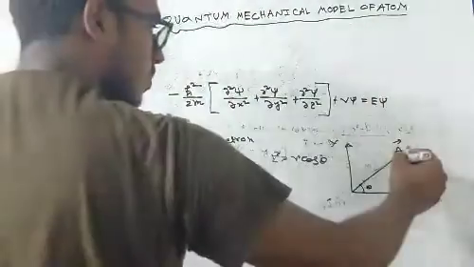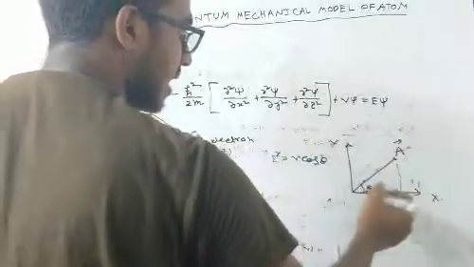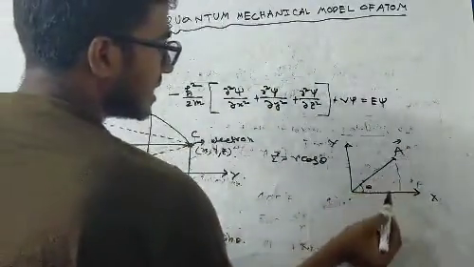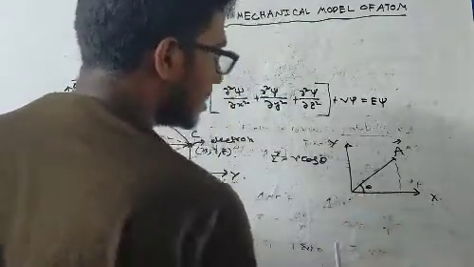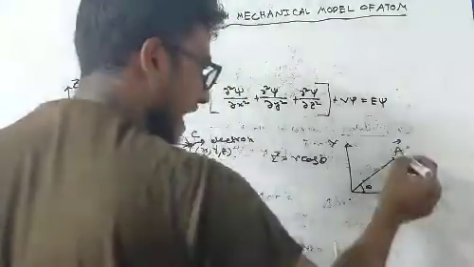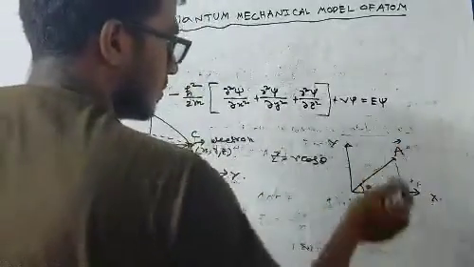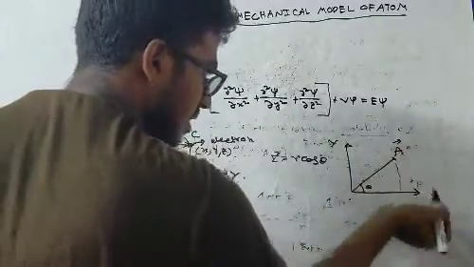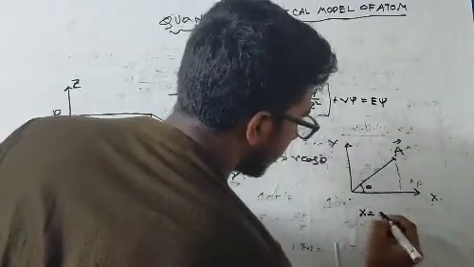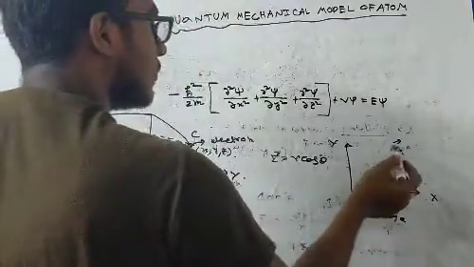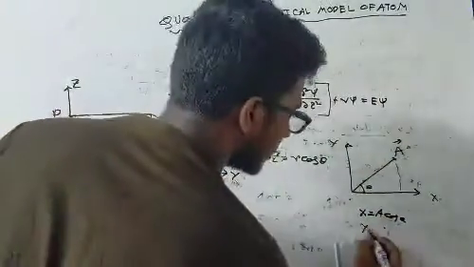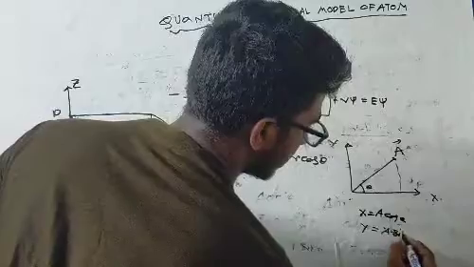The component of A along the x direction is A cos theta, and the component of A along the y axis is A sine theta.